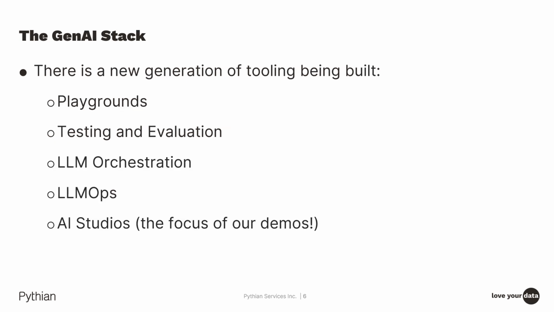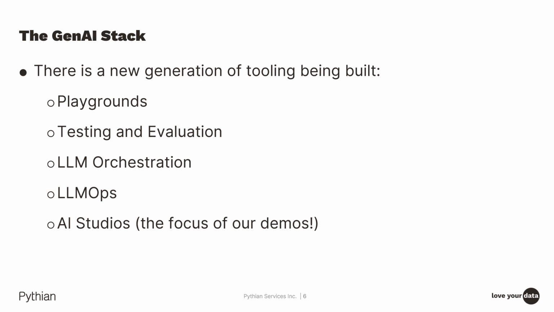We have a new development of a Gen AI stack. This is a new generation of tools being built in terms of playgrounds for you to test out your LLMs, the different models, and interact with them. There are new tools for testing and evaluating what the models do and being able to compare the output of the same model or compare outputs across models.